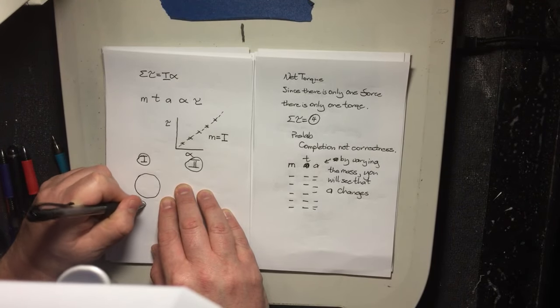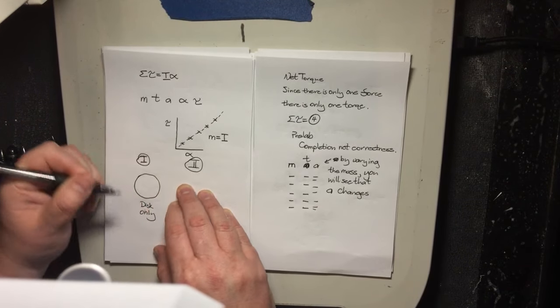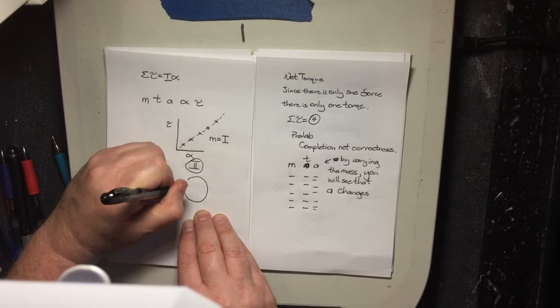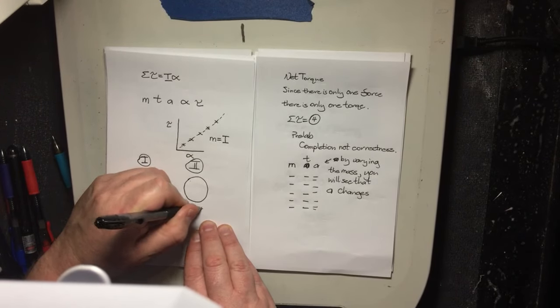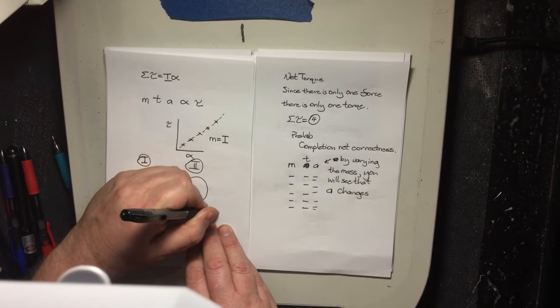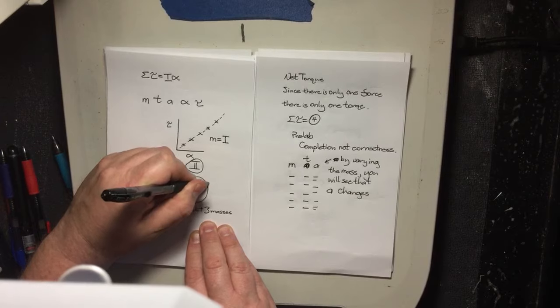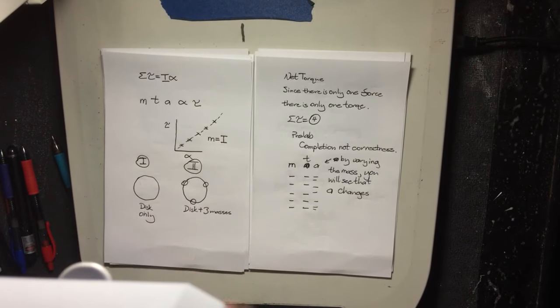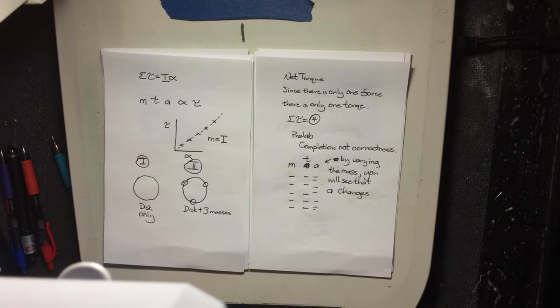One is for disc only, and then the next is disc plus 3 masses. So on the first time, you're just going to have that plate that rotates.